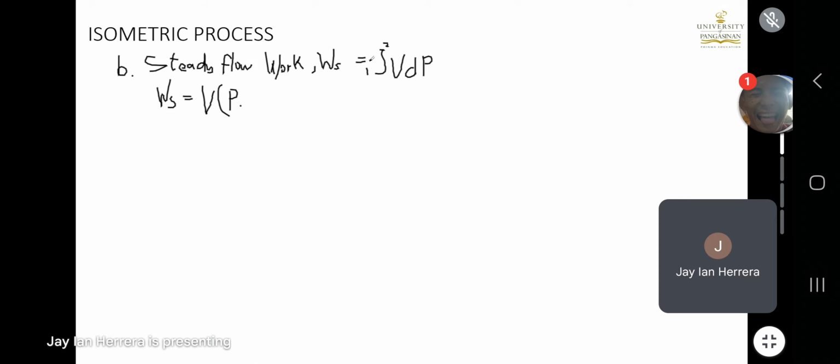Negative to negative P2. Or we can say work steady flow is V multiplied by P1 minus P2.